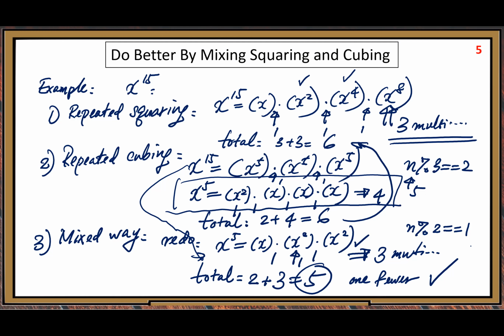Then you can do better. Think about it. In general, we need to mix squaring and cubing methods in a smart way. Sometimes this way, sometimes that way, smart way.